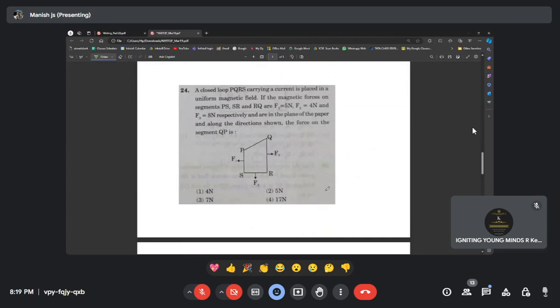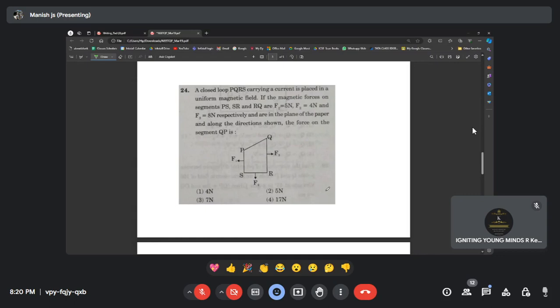So in this question, they have given you a loop P, Q, R, and S. The loop is given, and they have given you the forces acting along the sides of the loop as shown in the figure. So you will have to find out what is the force on segment QP.